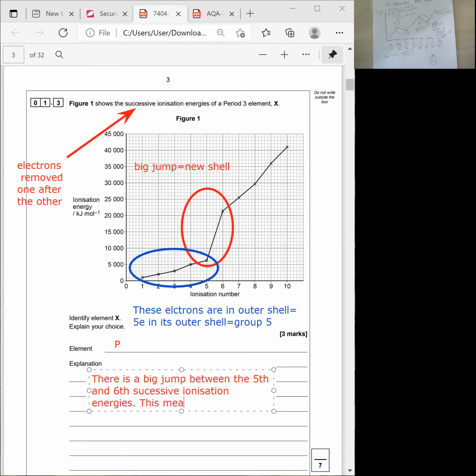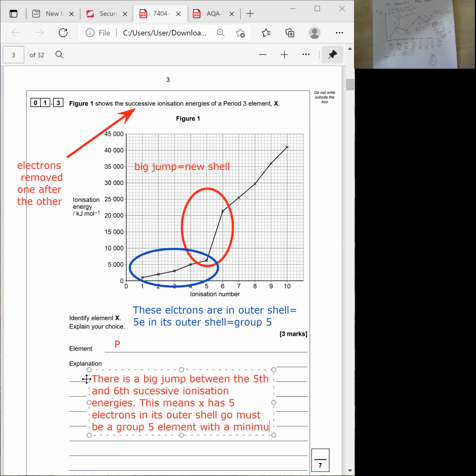This means that X has 5 electrons in its outer shell, so must be a group 5 element with a minimum of 10 electrons, which means it satisfies phosphorus.